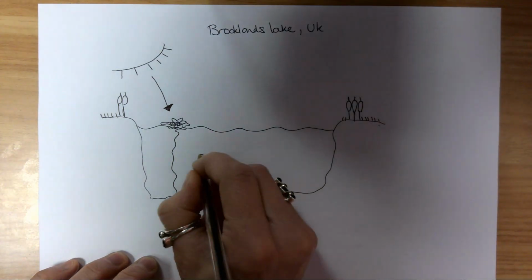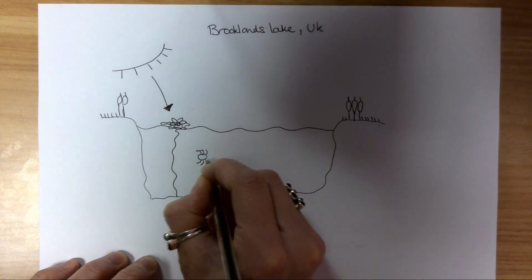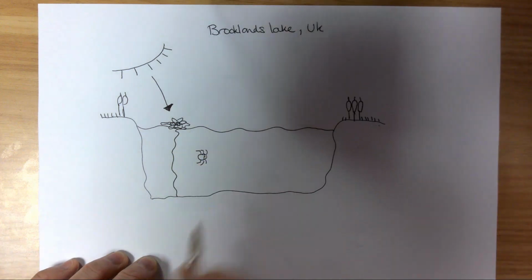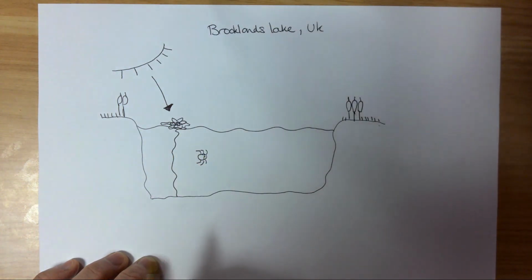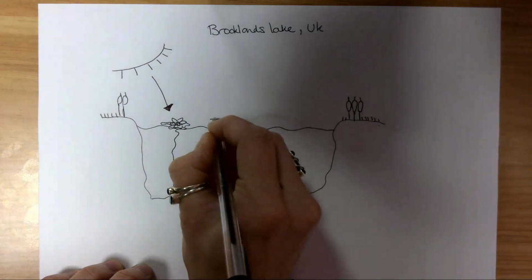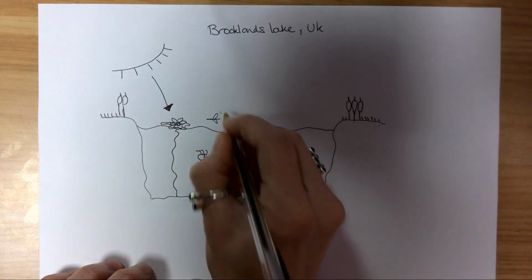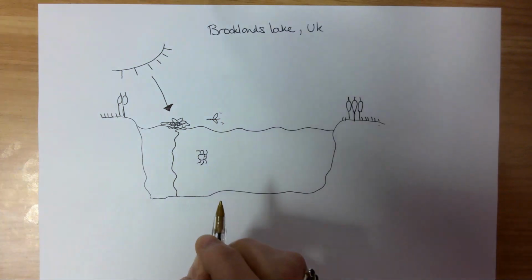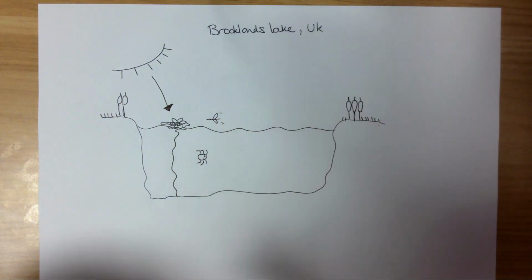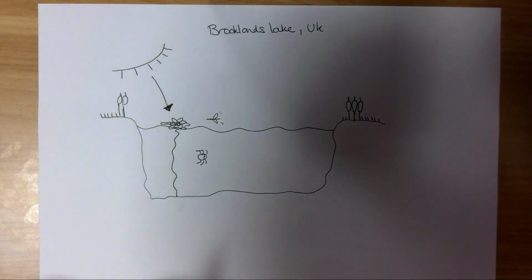And then in the next level we have our consumers. So who are eating our producers? In the water you'll see a variety of insects, and over the water as well. So this is going to be my dragonfly. It's flying through the air, and we have got a great diving beetle. There are many more insects in the lake, but this is just a little simplified version.